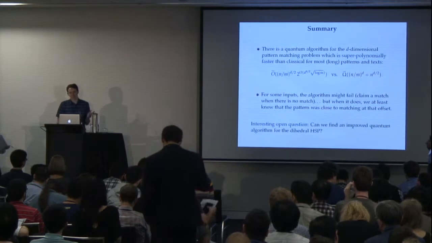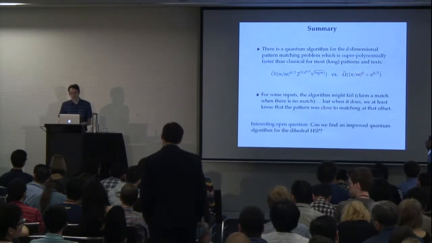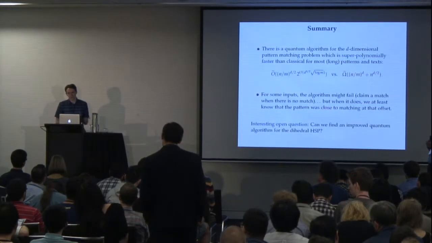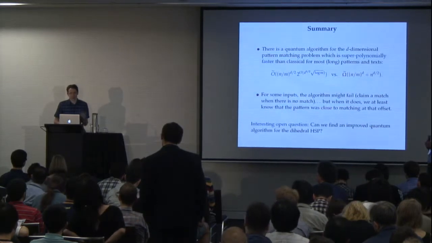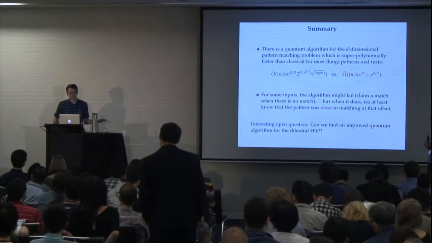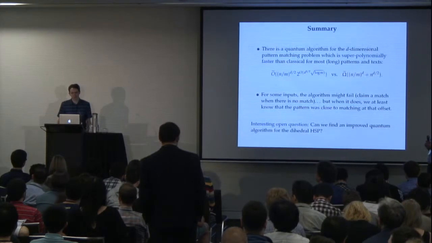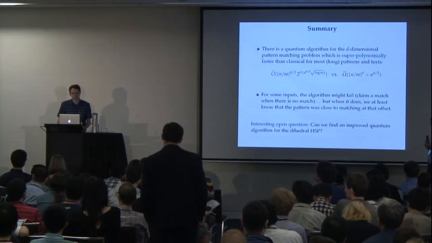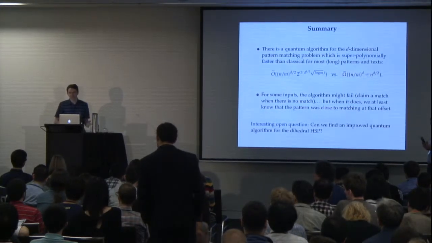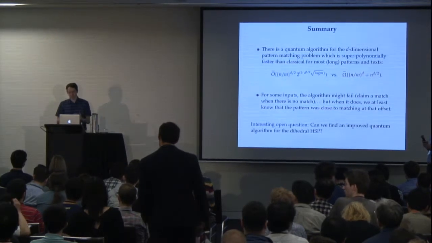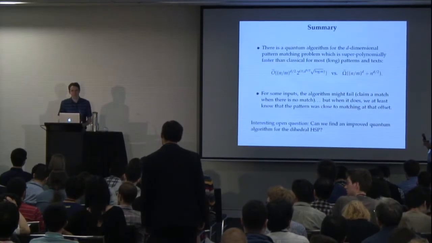I wouldn't like to guess whether there is an efficient such algorithm, but it wouldn't surprise me one way or the other. But I think this is going to be a hard thing to solve, because people have looked at this problem for some years and haven't managed to improve this complexity dramatically. But it seems hard for me to solve the pattern matching problem without doing better at this other problem.